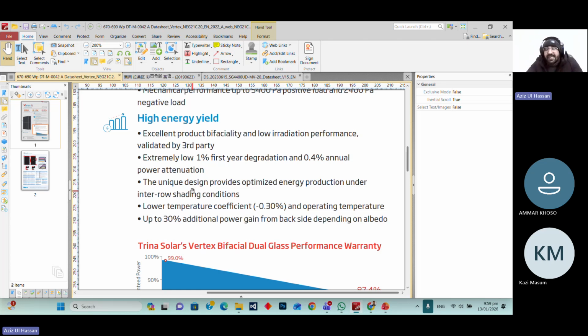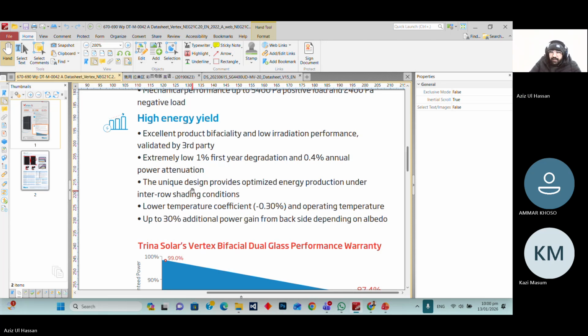Basically, when the PV module is exposed to the sun for the first time, it will decrease by some value at that point. When it is exposed to the sun the first time, it will automatically decrease some percentage.